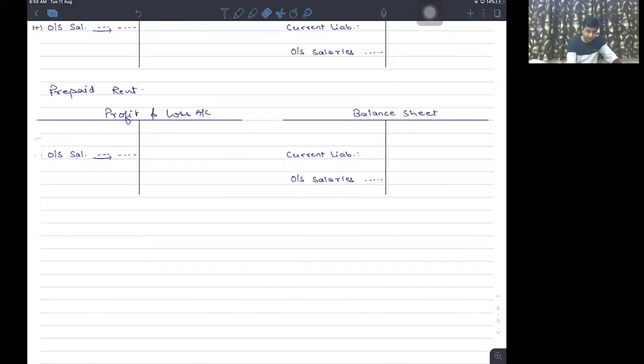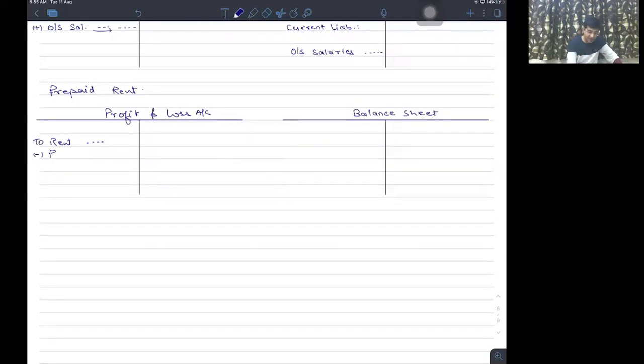First, we'll have rent. Add. No. It will be subtract, because it is not the expense of the current year.